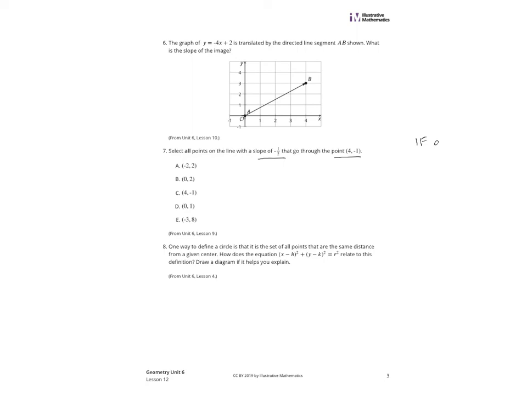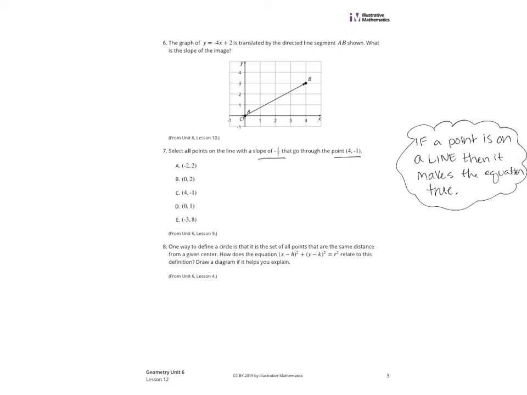If a point is on a line, on a circle, on a parabola, on any of these different graphs, then it makes the equation true. So this has been an ongoing type of problem we've been looking at, first in circles, then with parabolas, and now with lines. So what I need to determine is the equation of my line.